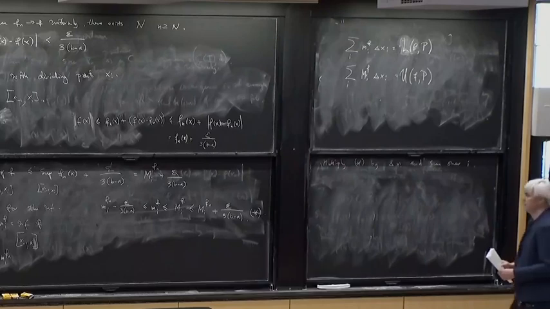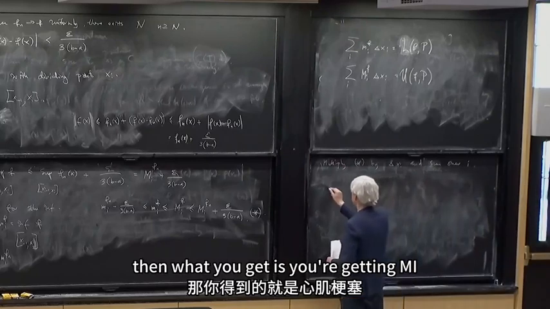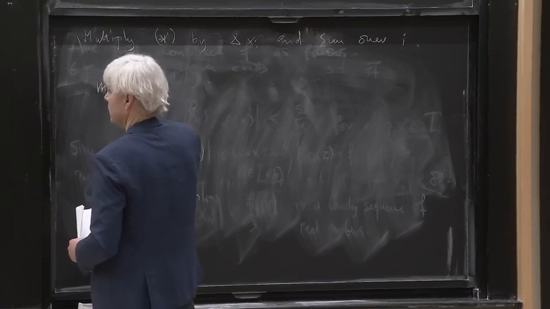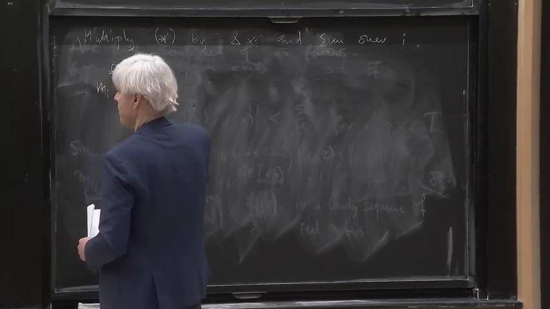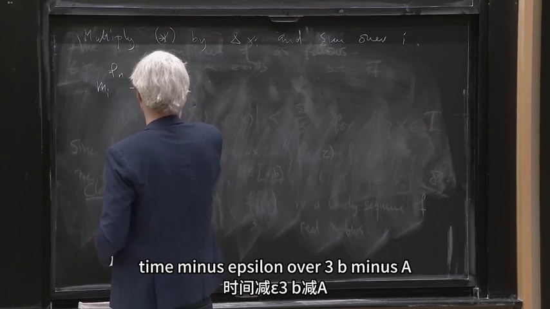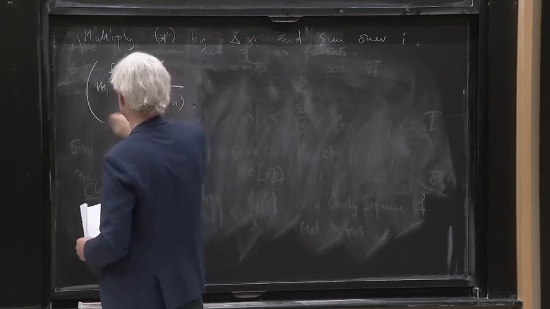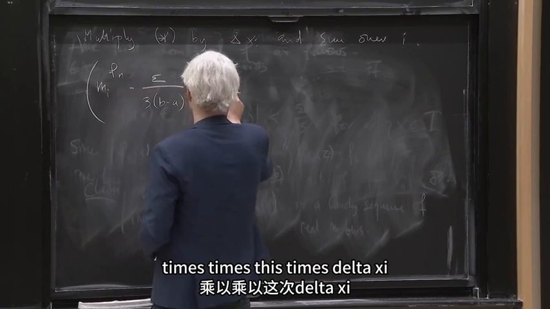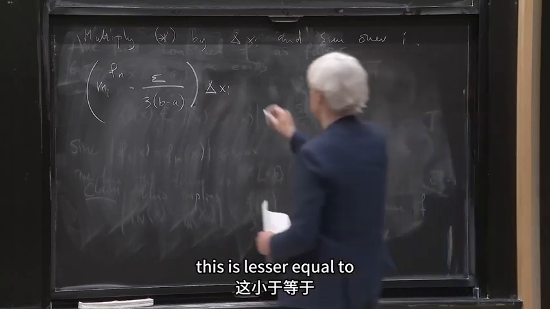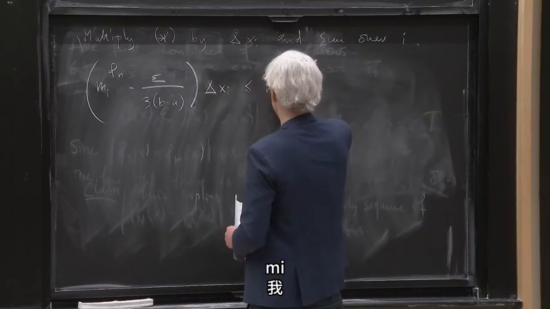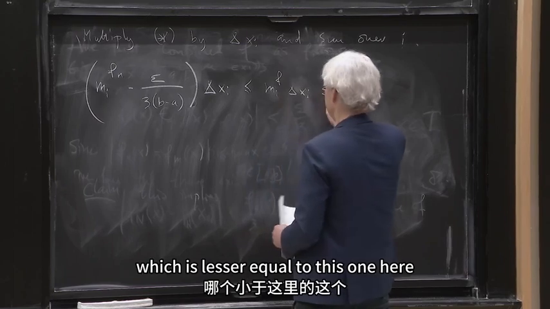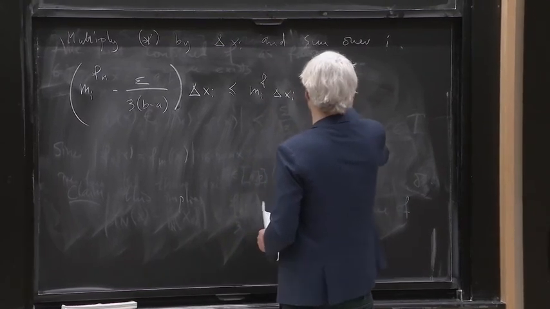If you do that, then what you get is m_i f_n minus epsilon over 3(b minus a) times delta x_i. This is less or equal to m_i f delta x_i, which is less or equal to this one here.